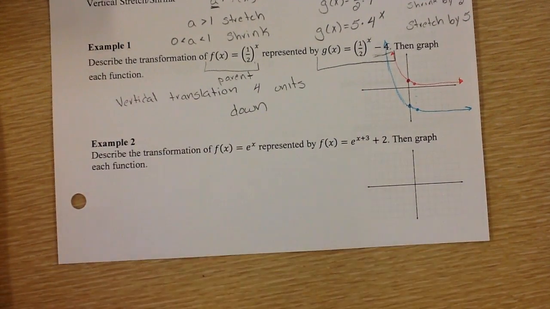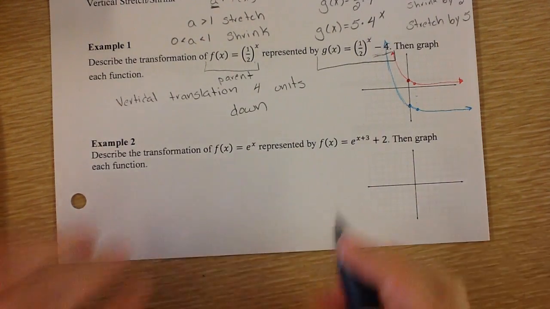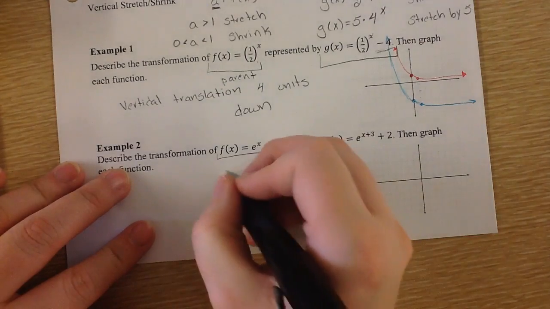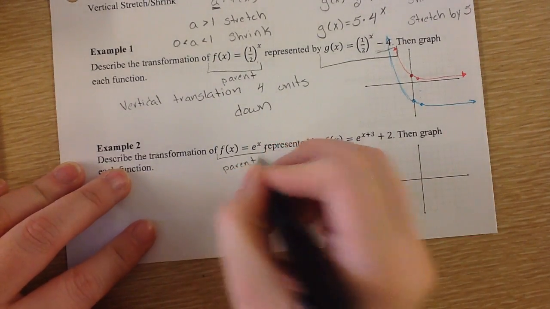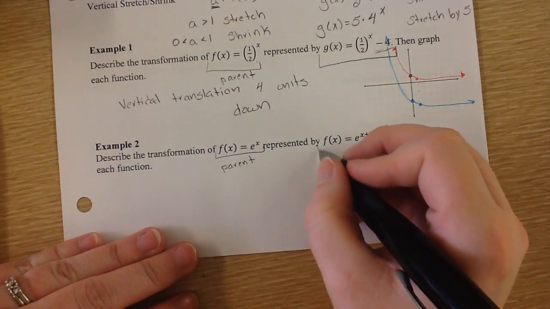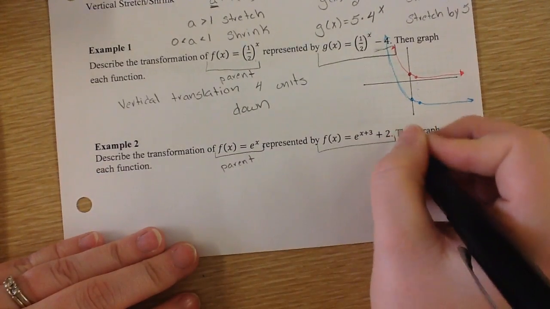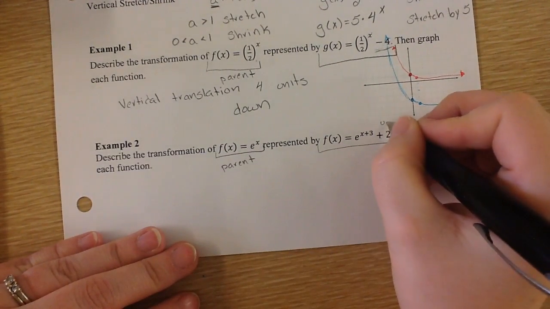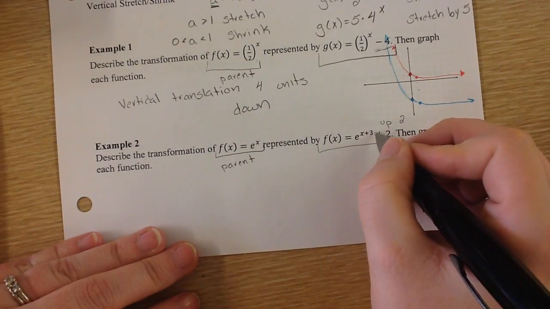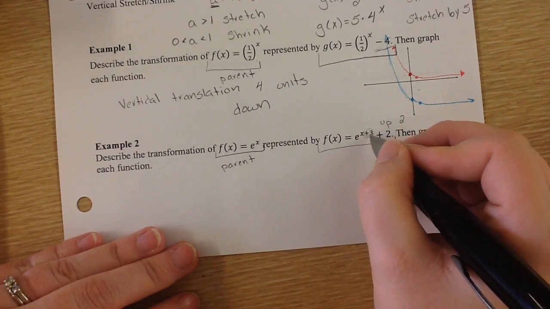Okay. Describe the transformation of f of x equals e to the x, represented by, so here's my parent function. Again, there's my parent. The transformation of this represented by this. Well, I see my +2 on the end. I know that's going to go up 2. And then I've got a +3 inside here on the x.